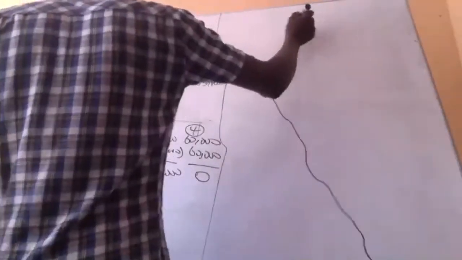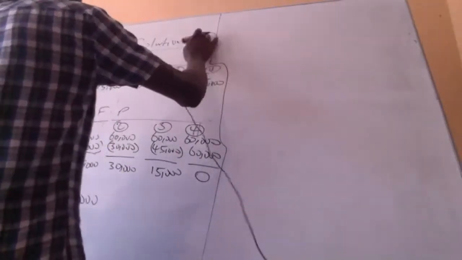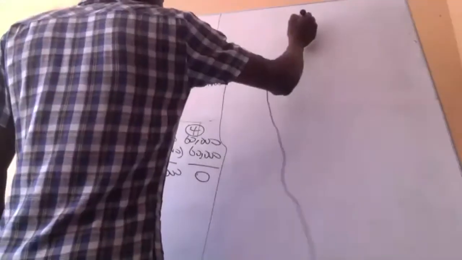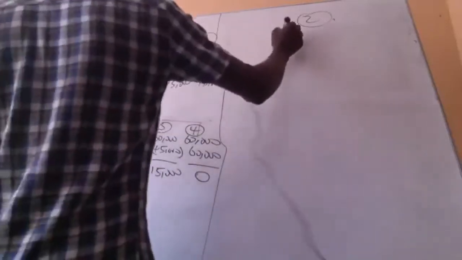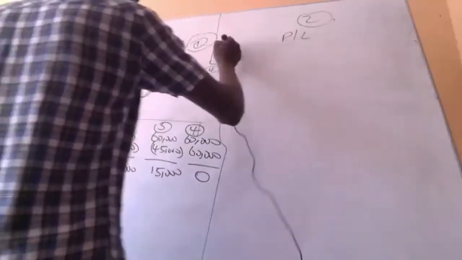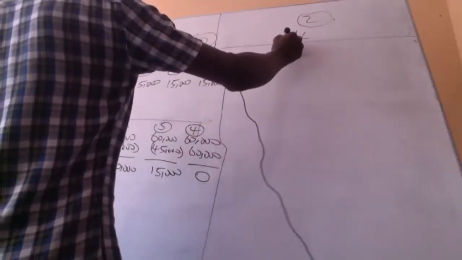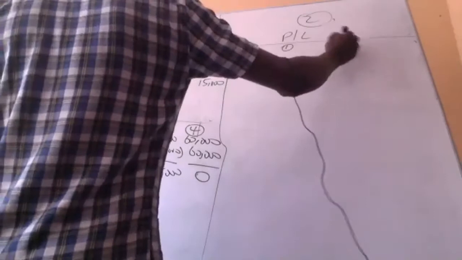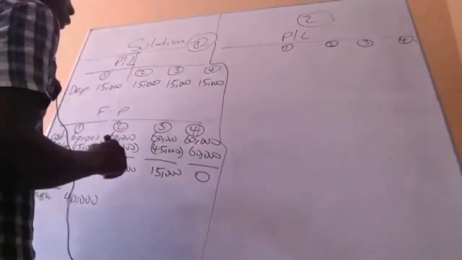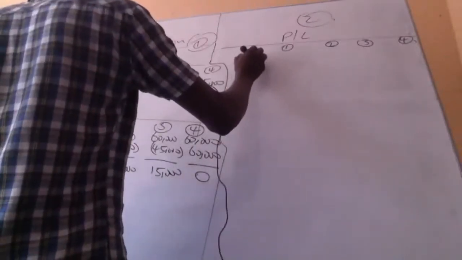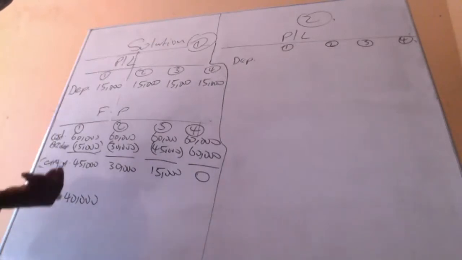So here is the solution. This is the deductive method, method 1, and this is method 2. Still the P&L, with no workings. So our year 1, year 2, year 3, and then year 4. In the P&L, first we talk about depreciation. Here depreciation should be based on the original amount.